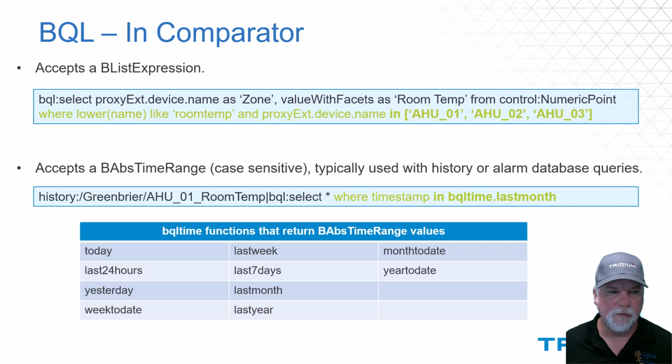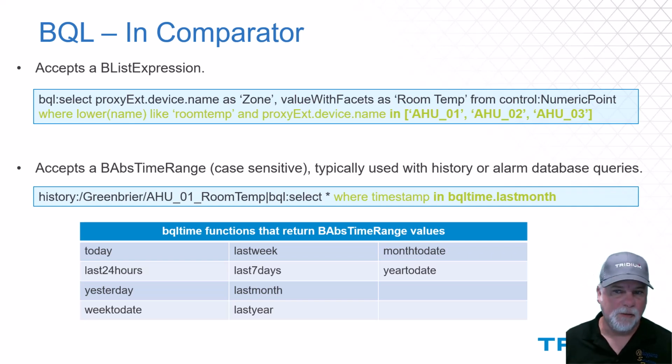I don't remember if we've covered this in the video or not, but when you look at actual driver proxy points like BACnet, LAN, Modbus, and so forth, those extend from a B proxy extension, which is in the driver module. And each control point has a proxy extension. So remember, the extent here is the numeric point, so it's a control point, and it has a method called getProxyExt, which gets the proxy extension slot.